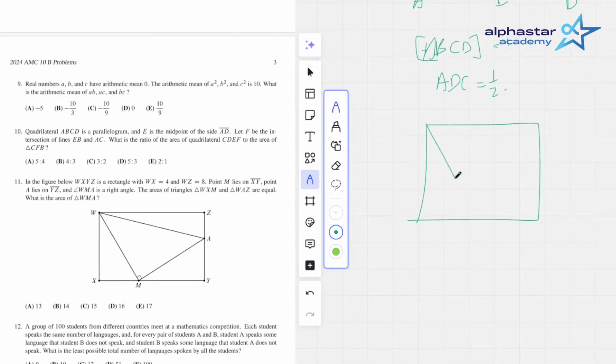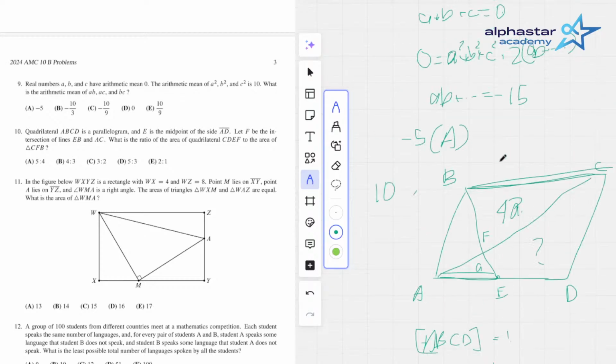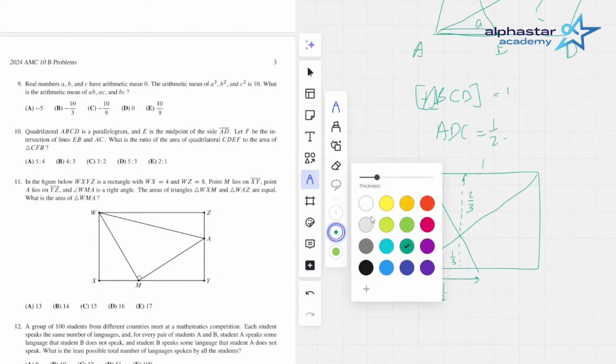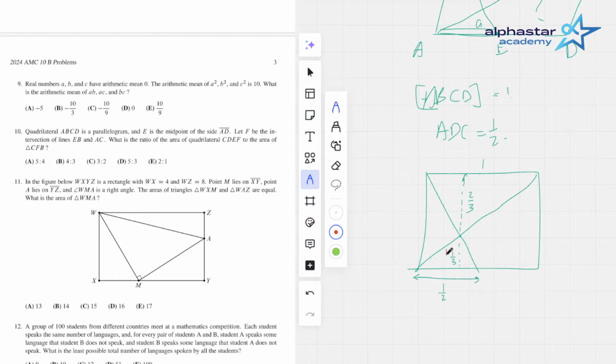So our shape looks like that now. The height of this would be 1/3, and the width of this would be 1/2. This would be 1, and this would be 2/3, due to the similarity ratio, giving us an area of, this area would be 1/12.